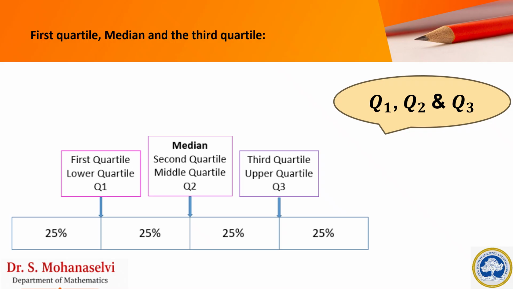The third quartile Q3 is called the upper quartile. It represents the point below which 75% of the observations lie. So we remember: Q1 is 25%, Q2 is the median, 50%, and Q3 is 75%. In this way, Q1, Q2 and Q3 divide the data into 4 equal parts of 25% each.